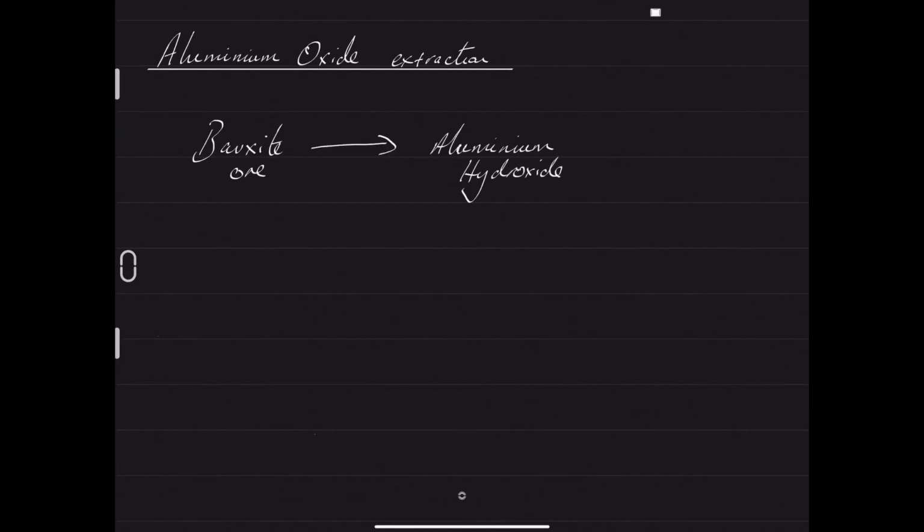This happens in the purification step. This is separated from the impurities, from the bauxite impurities. But to get aluminium oxide, we need to heat this aluminium hydroxide, and by heating aluminium hydroxide, we get aluminium oxide.